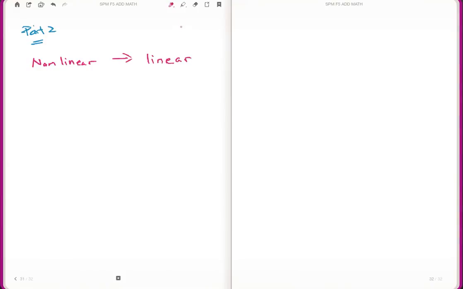If you have followed my Form 4 Chapter 2, quadratic equation, non-linear will be those where you have a curve, maybe a curve up, curve down, doesn't matter. How do you convert this equation into a linear law, using a linear equation into a straight line?